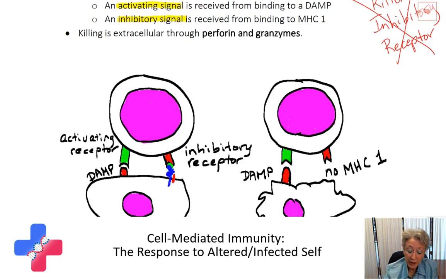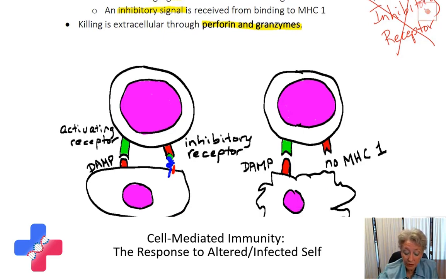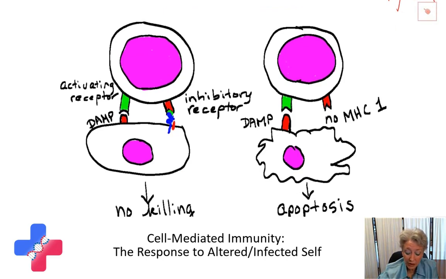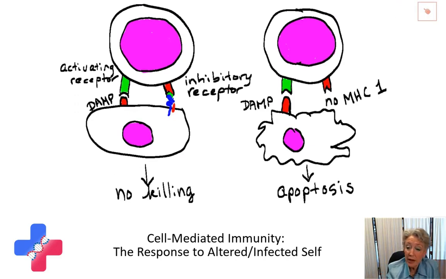Now, the killing mechanism is the same as we saw with the cytotoxic T cell. It's still by delivery of perforins to punch holes through the membrane and then release of granzymes. But if you notice the difference of the signaling for the on and off signals shown here, the activating signal, the KIR that activates, apparently recognizes a damage-associated molecular pattern on the target cell. There has to be something wrong with the cell.